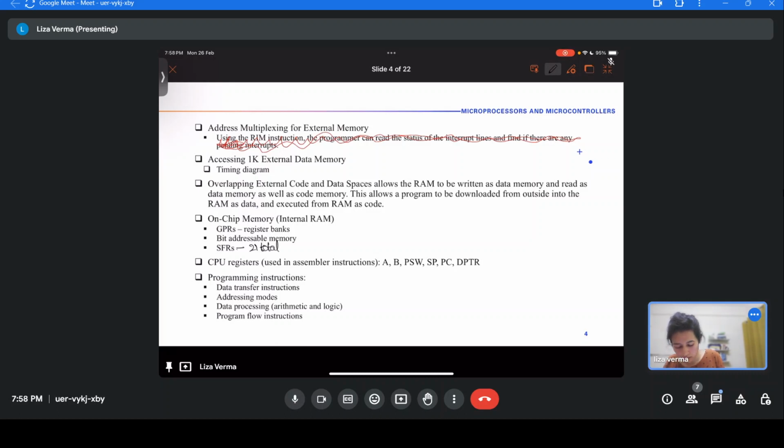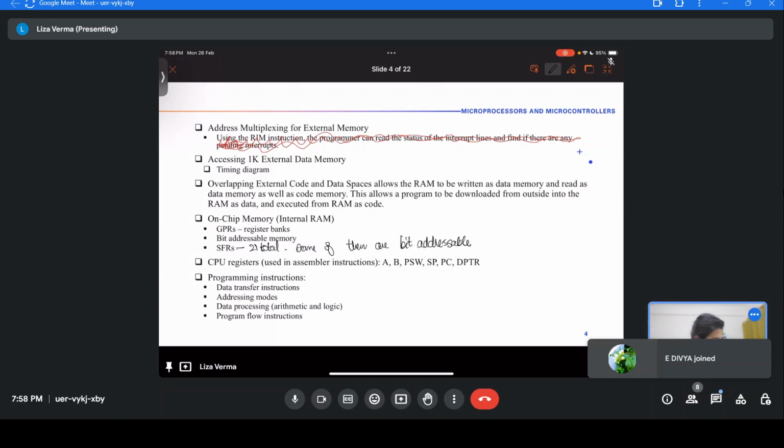Out of those 21, some of them are bit addressable. Not all of them are bit addressable, just like the bit addressable memory. So, bit addressable SFRs are your A, B, PSW, P0, P1, P2, P3, then TCON, SCON, IE, interrupt enable, and interrupt priority.